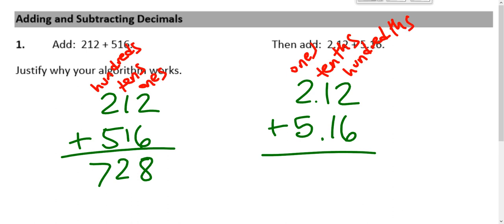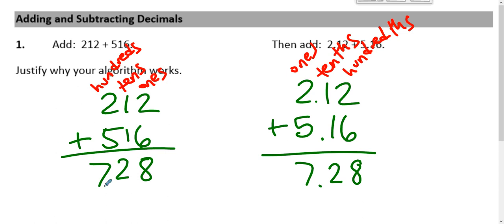And just like in this algorithm, we add by place value. Every time we get bigger than 10 here, it carries into the next place because each of these places is 10 times as big as the place to its right.